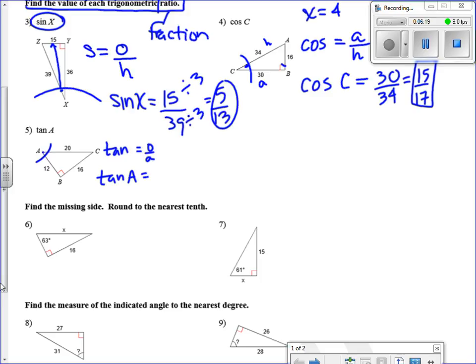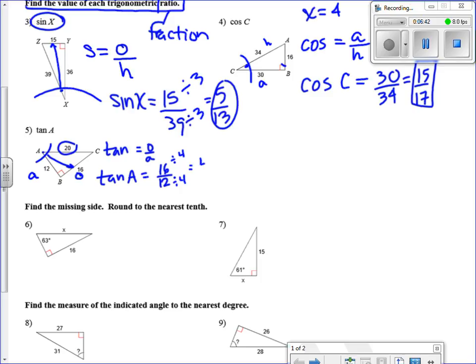It's across from. So this side here is across from, so that's the opposite side. This is the hypotenuse, the 20, but I don't need that. I need the adjacent side, which is 12. So it's going to be 16 over 12, and both the 16 and the 12 reduce by 4.